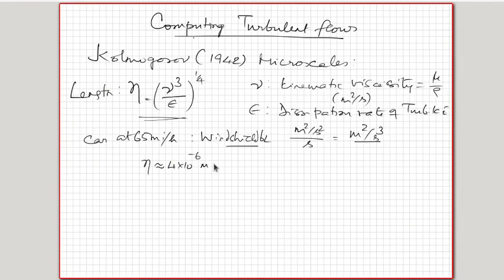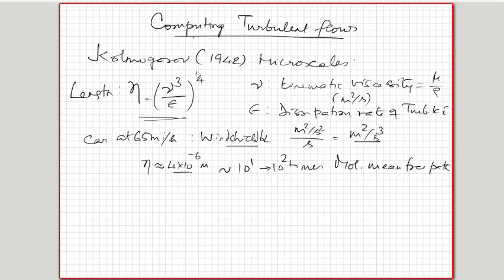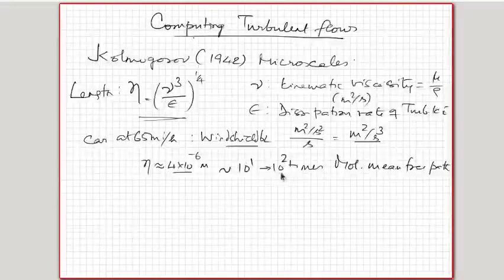Which is typically around 10 to the power of 1 to 10 to the power of 2 times the molecular mean free path. In this case it's about 75 times. That's what was shown. So this is the range that is there.